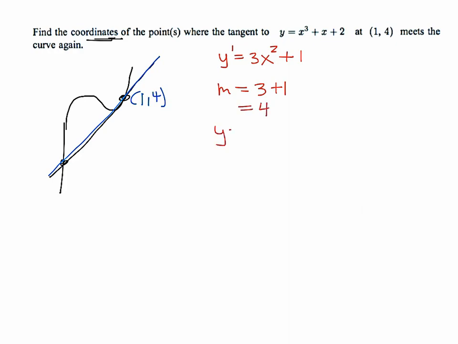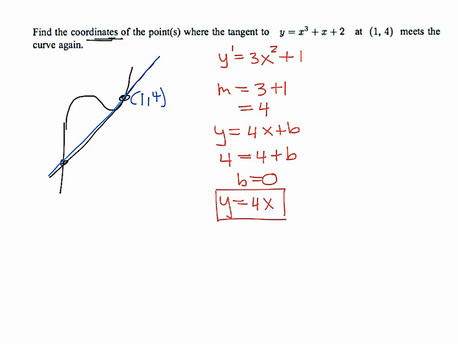So y equals 4x plus b. And by plugging in the point (1, 4), we'll be able to solve for b. 4 equals 4 plus b. Turns out b is equal to 0. So y equals 4x is the equation of this tangent line. So the equation of the tangent line, the one in blue, is y equals 4x.